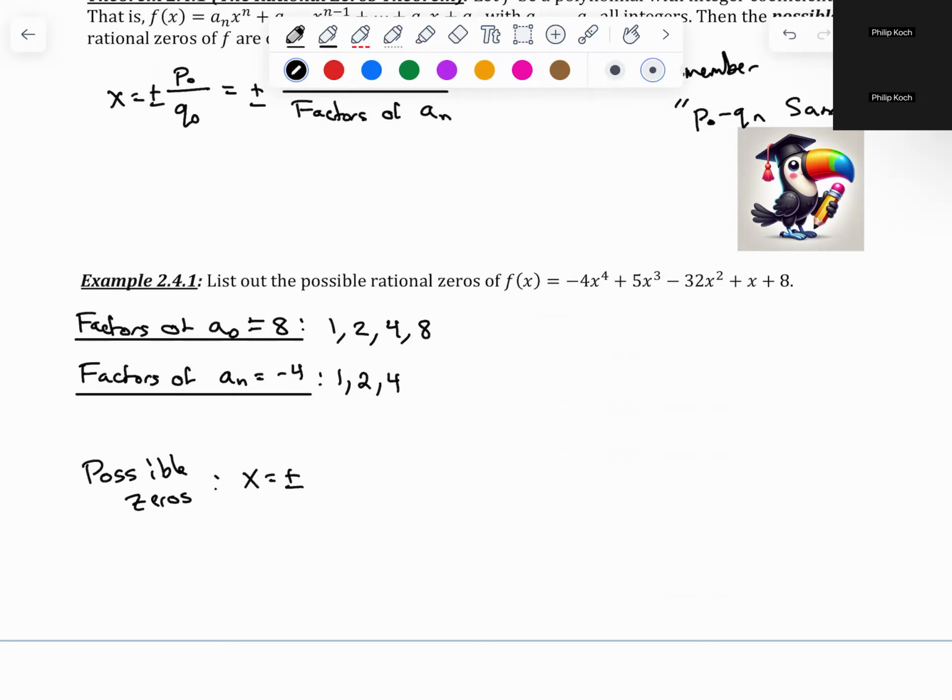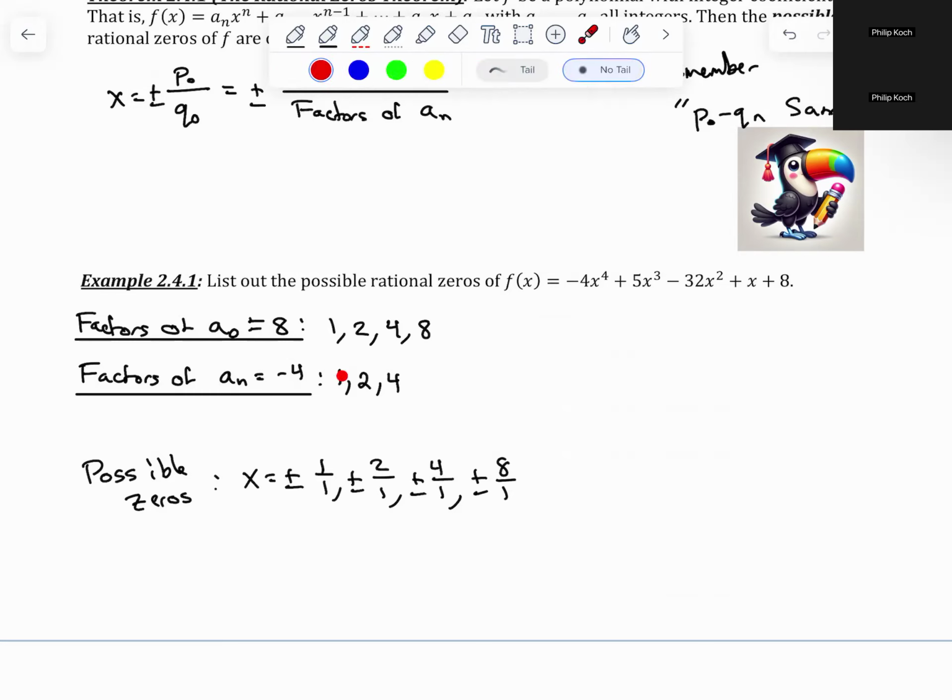What we're going to do is start with one of them. I'm going to look at all the different factors of A sub 0 over the first factor of A sub n. Then I'm going to do it again with the second factor of A sub n, and then again with the third factor. So it's going to be plus or minus 1 over 1, plus or minus 2 over 1, plus or minus 4 over 1, plus or minus 8 over 1. 1 is a possible factor of A sub n, as we see right here.